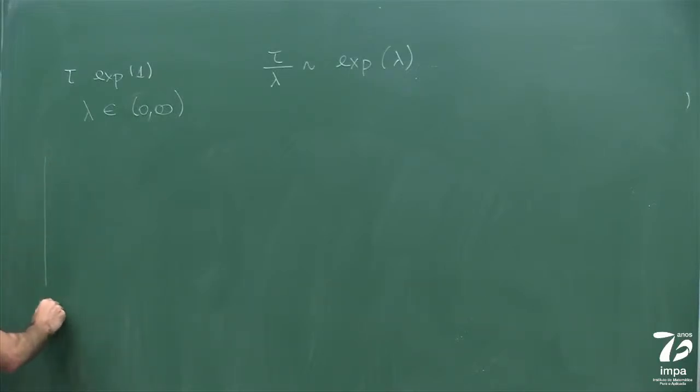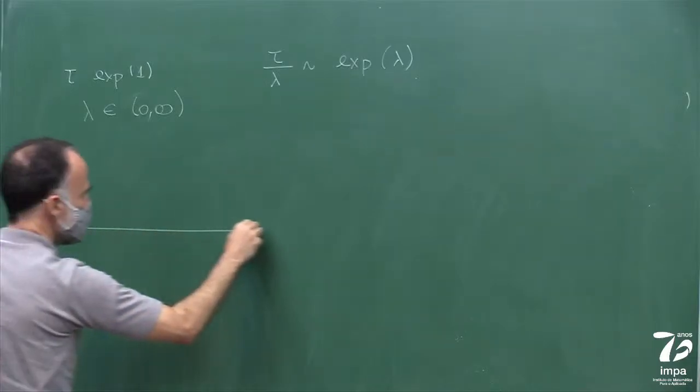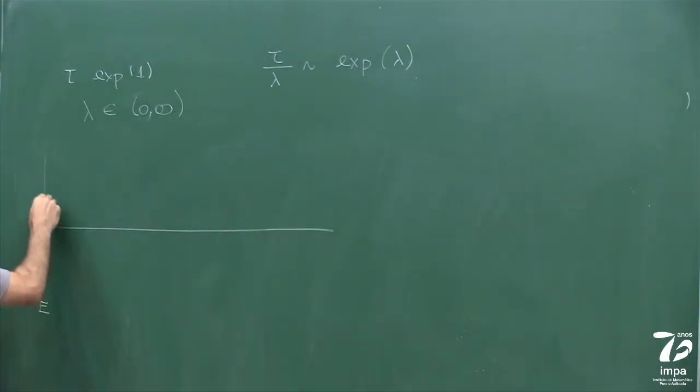So here is your state space E. Here is time. So let's say that you start here at x, and I want to construct this process xt. By following our rule, we want to remain at x for an exponential time of parameter lambda of x.